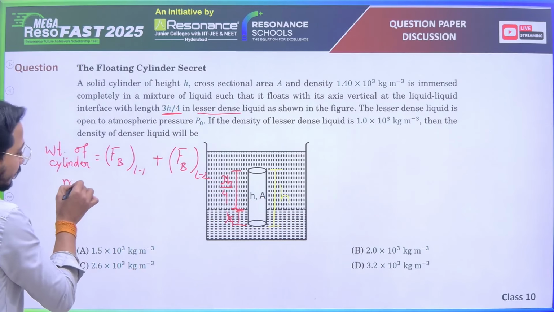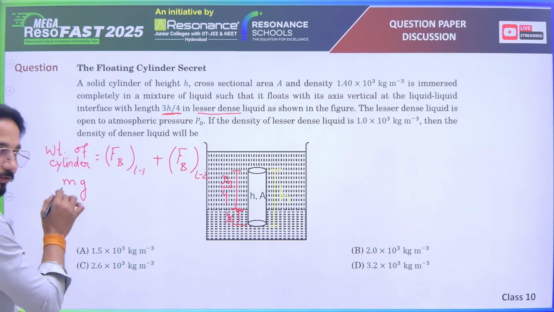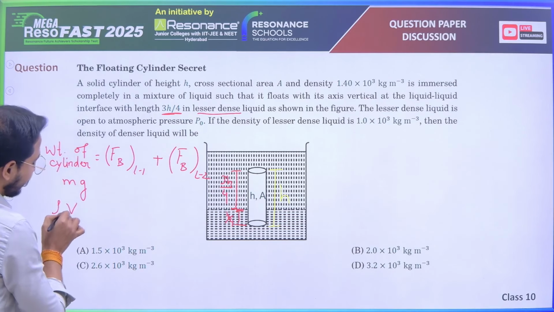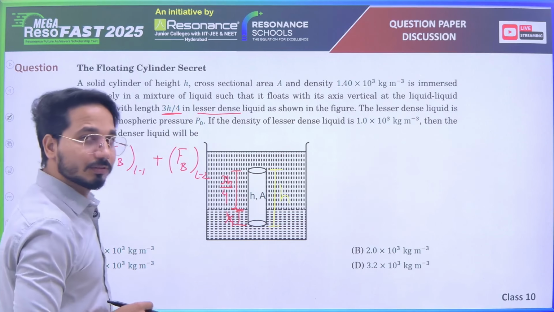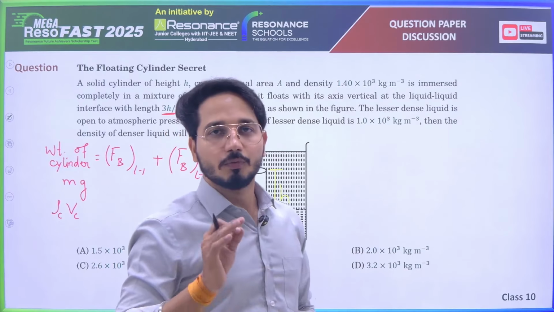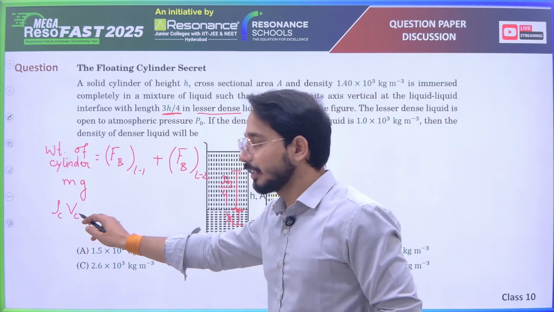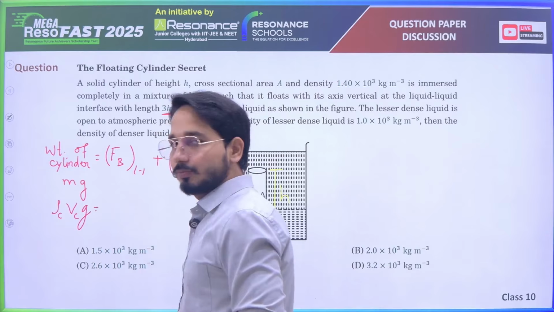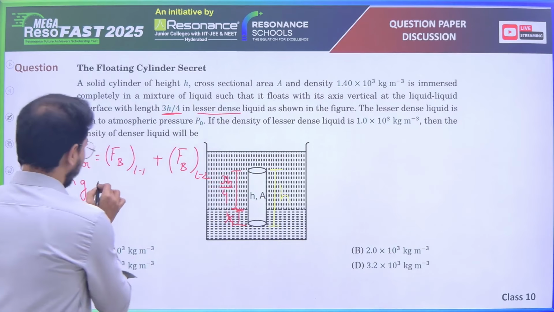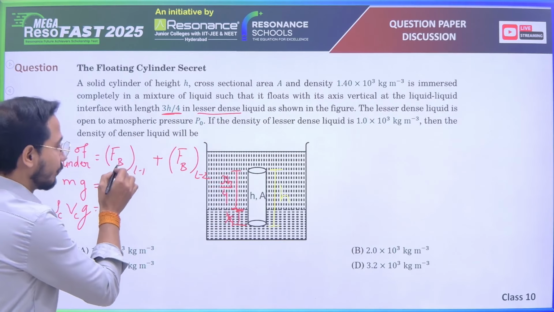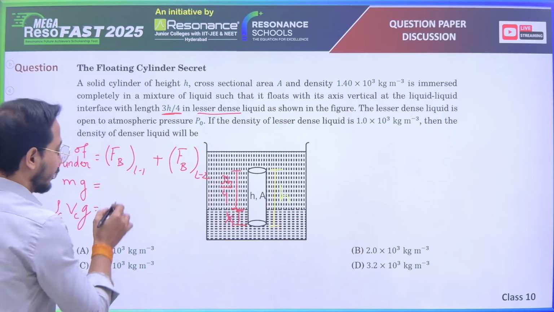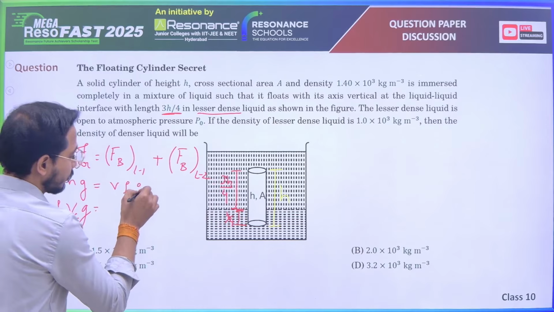So in place of m, we can write rho V: density of cylinder into volume of cylinder, and g. This will be equal to F_B, the buoyant force, V rho g.